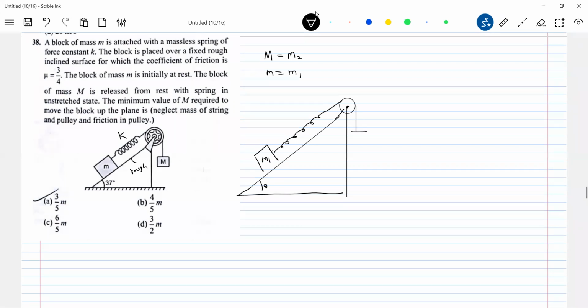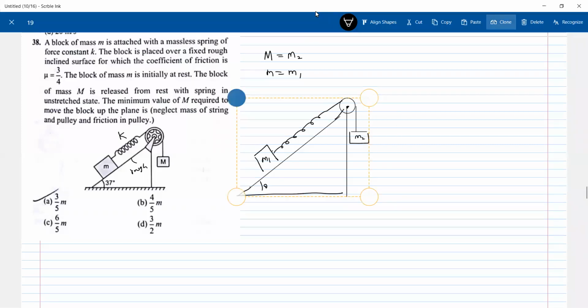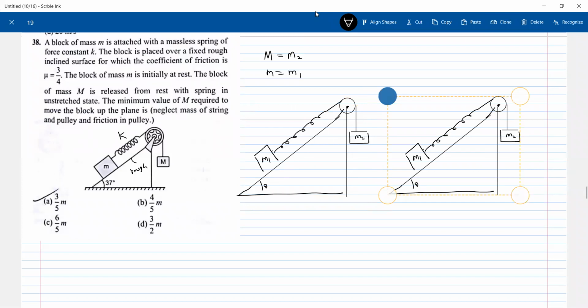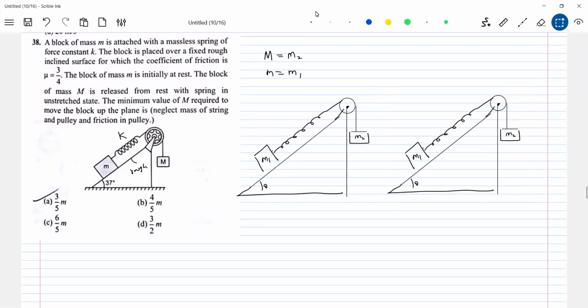So there's the initial diagram. Now what is the state of spring? The block will descend. For the block M1 to shift, tell me what is the necessary condition. The spring must get elongated.